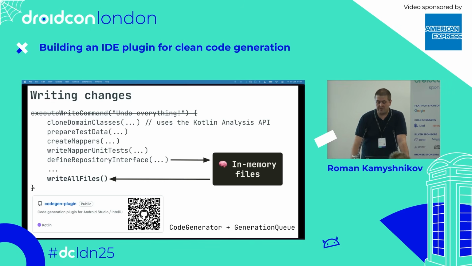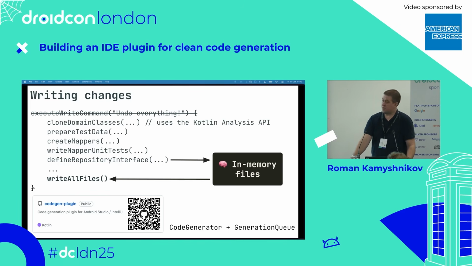A better solution would be to have some sort of in-memory storage, and as you go and create the files, instead of writing them to disk immediately, you just store them in that in-memory storage, and this would allow you to keep using the Kotlin analysis API and having a single undo action.